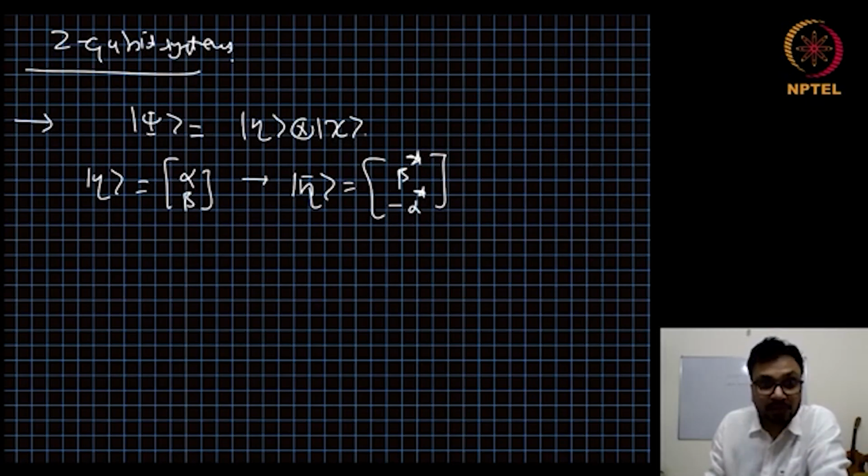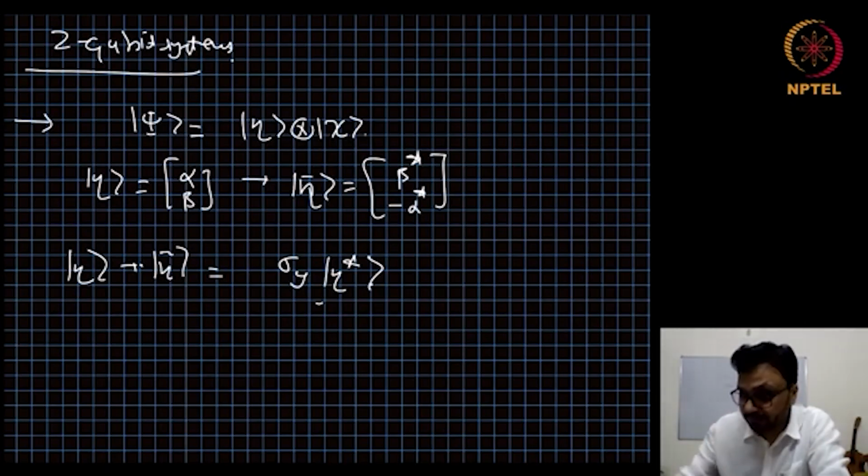So if we see how to go from eta to eta bar, it will be sigma y times eta star. If we take the complex conjugate of eta and then apply sigma y, we get eta bar up to an overall phase.